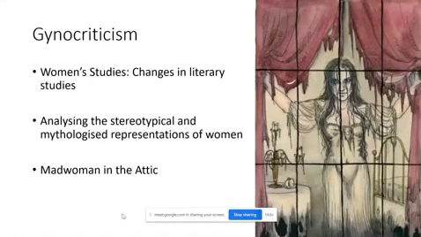It was the result of second wave feminism. What did gynocritics, or feminist theorists who claim to be engaged in gynocriticism, want to do? Their fundamental preoccupation was to analyze the discriminatory and stereotypical depictions and representations of women in texts by men.